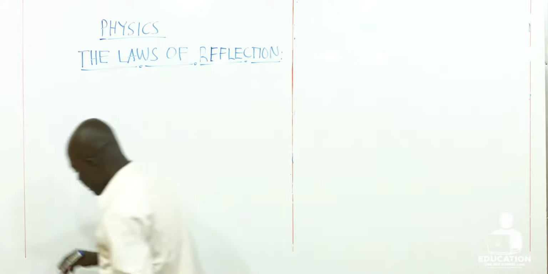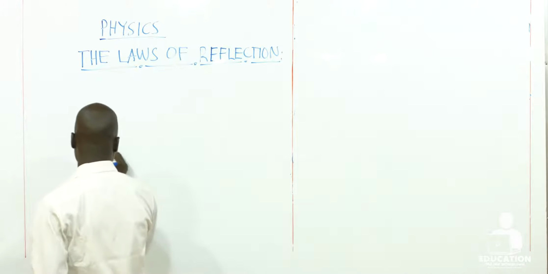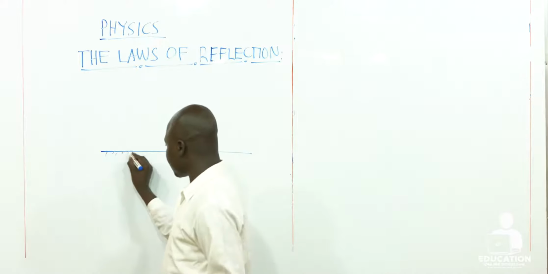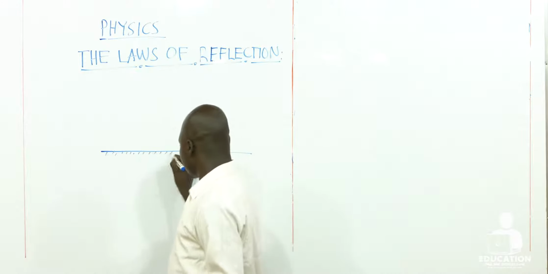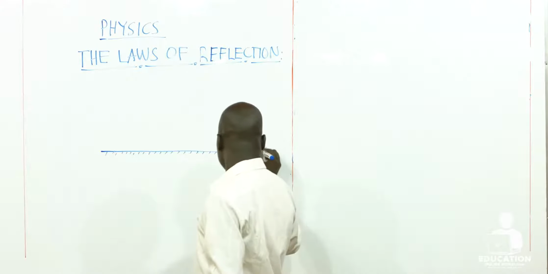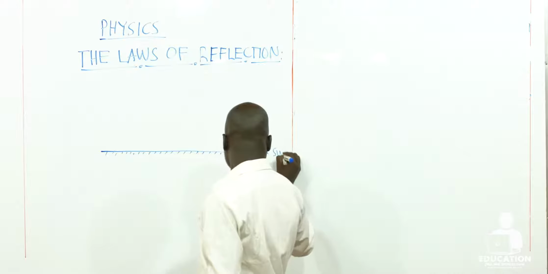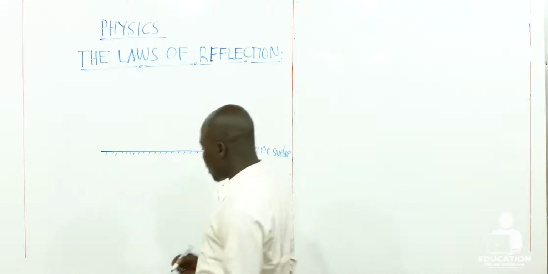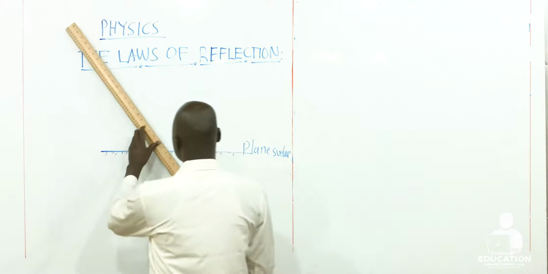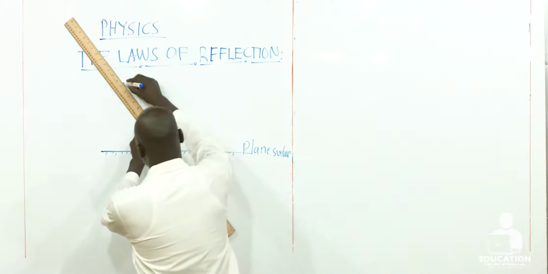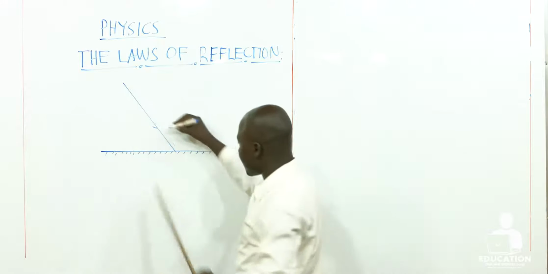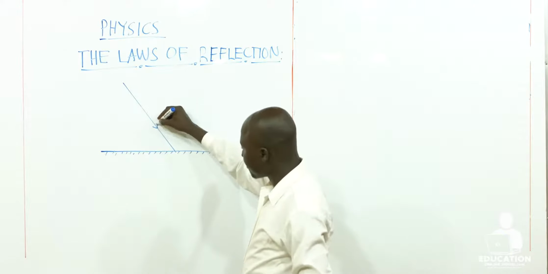So dear learners, if we have a plane surface, this is the plane surface. Now when a ray of light falls on this surface, the ray will touch the surface at a certain point.